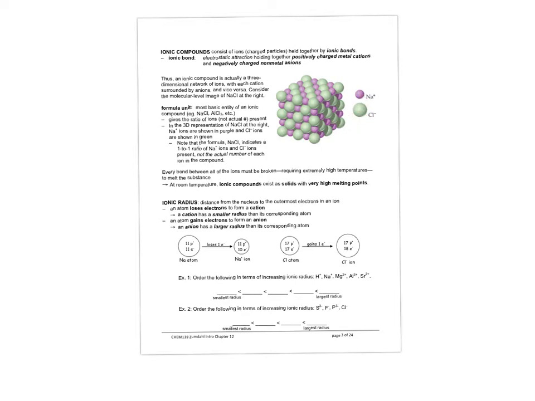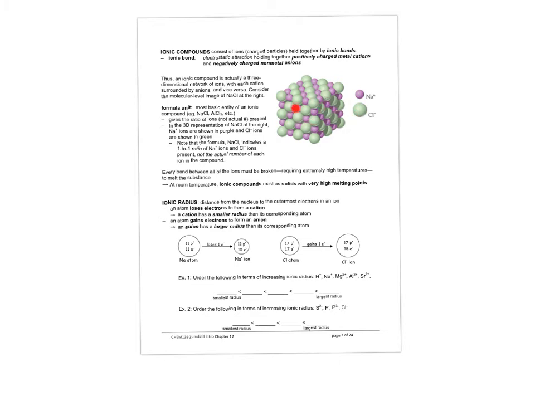I wouldn't really worry so much about the atomic radius, although it does impact a lot of things in biology. It's much more important that you understand that the positive and negative ions attract one another in a solid form.